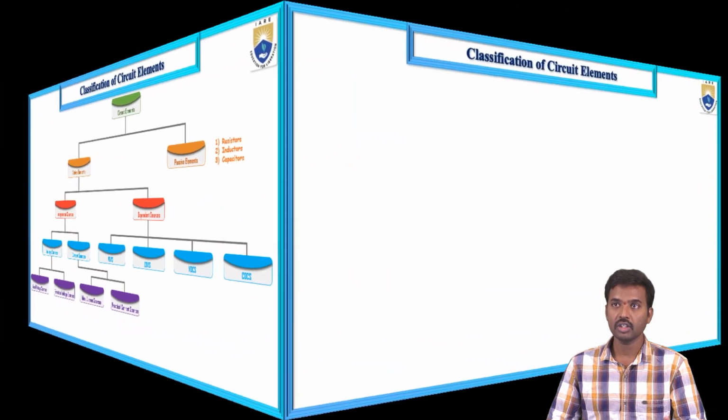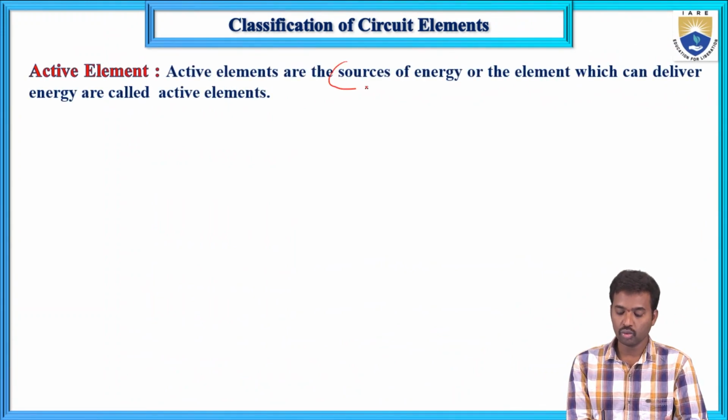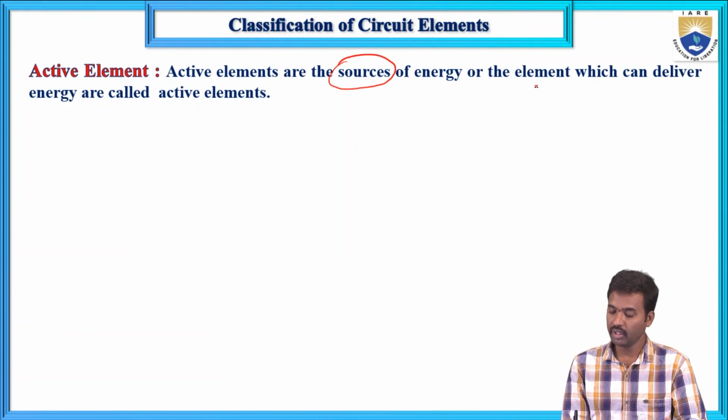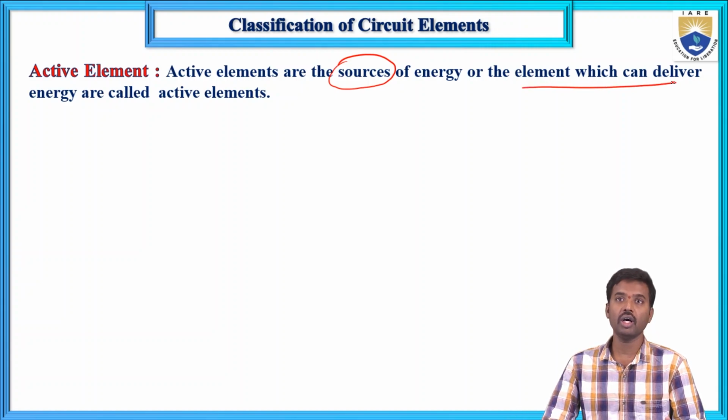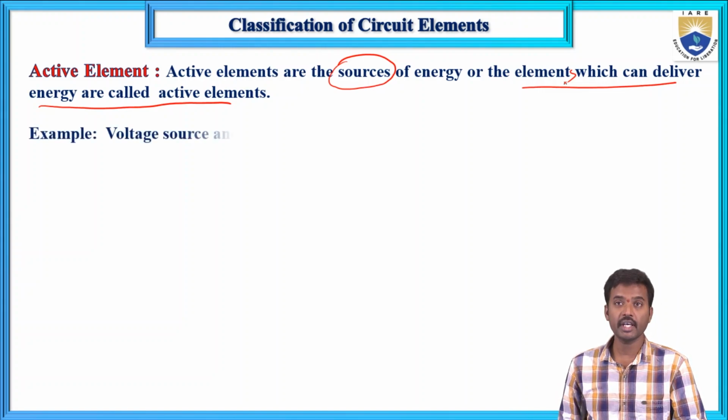The first category is active elements. Active elements are always sources of energy. All sources are active elements. An element which delivers energy to the other elements in a network is called an active element. Examples of active elements are voltage sources, current sources and batteries.